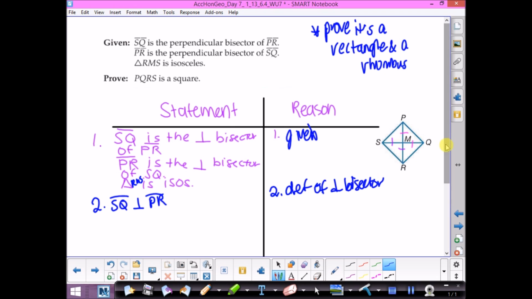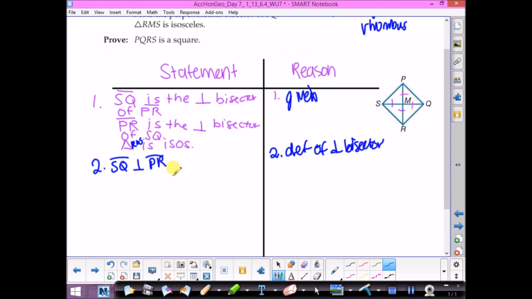Under that same reason, we could also include that segment SM is congruent to segment MQ, and that segment PM is congruent to segment MR, just because that all falls under the definition of a perpendicular bisector.